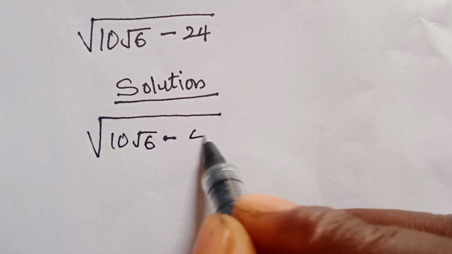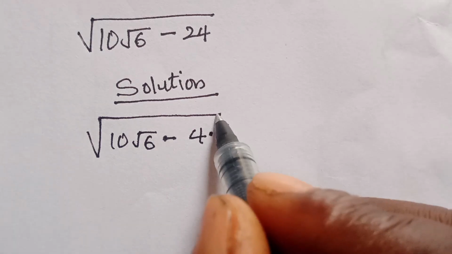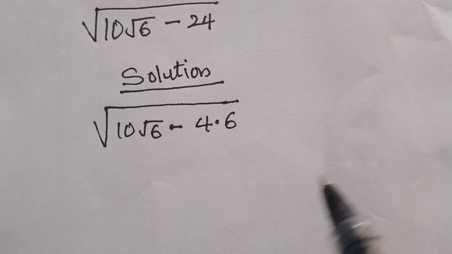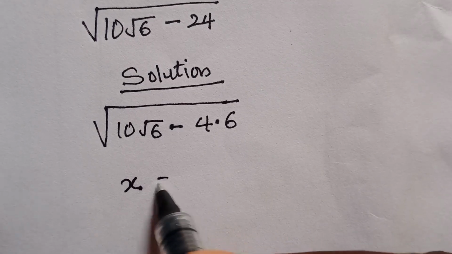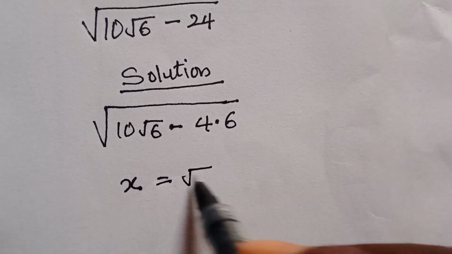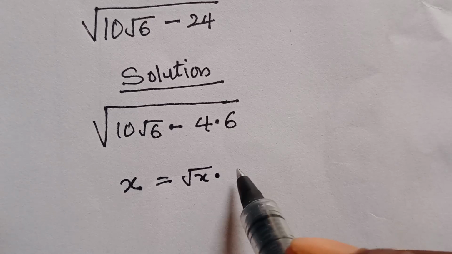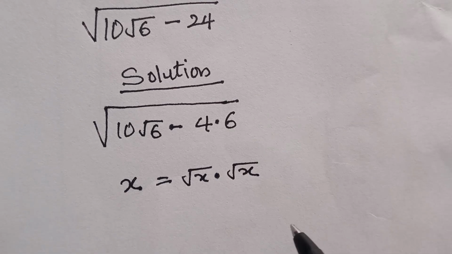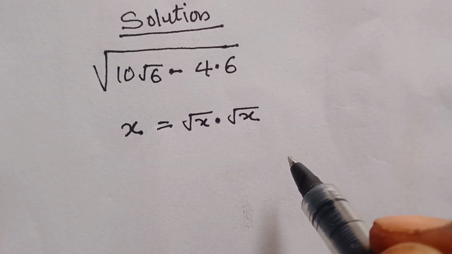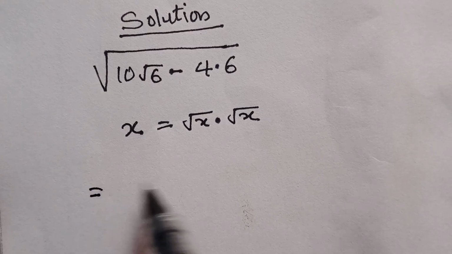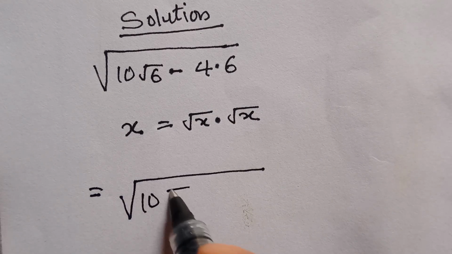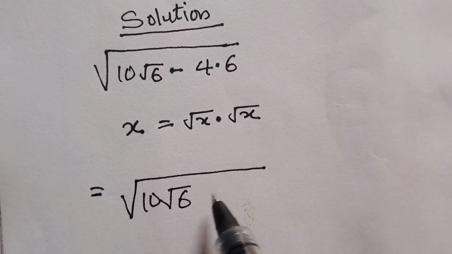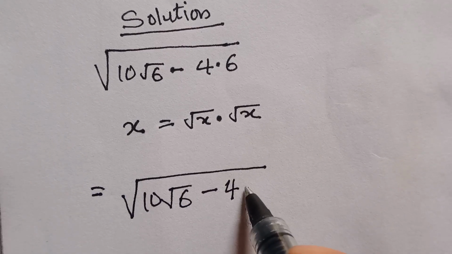As you are seeing on my screen, you can simply rewrite 24 as 4 times 6. Therefore, we have square root of 10 square root of 6 minus 4 times 6. Don't forget, if you have x, it can simply be written as square root of x times square root of x, because square root of x times square root of x will give us x.